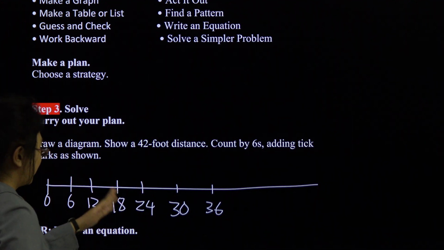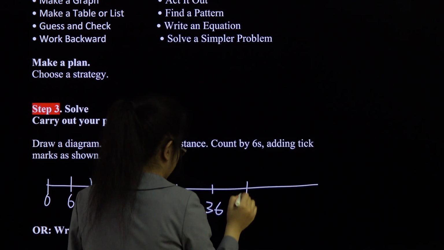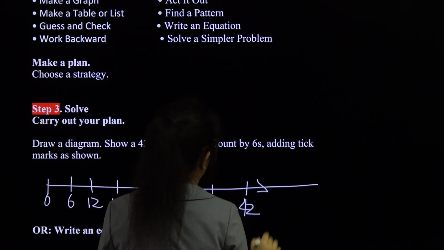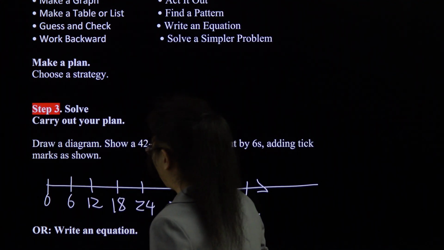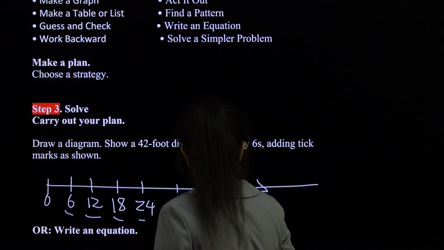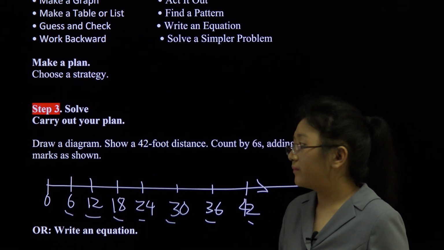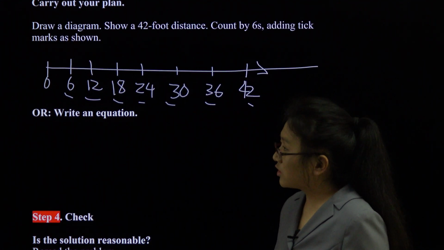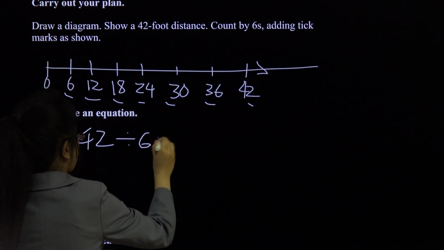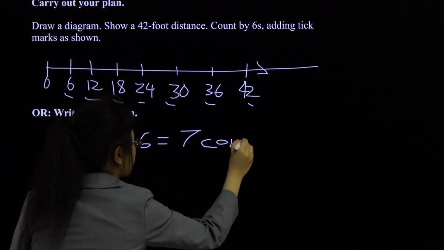Oh, well, the spacing isn't exactly even, but you get the idea. 42. We got to 42. And that would be 1, 2, 3, 4, 5, 6, 7. 7 cones. We could also write an equation. 42 divided by 6 equals 7 cones.